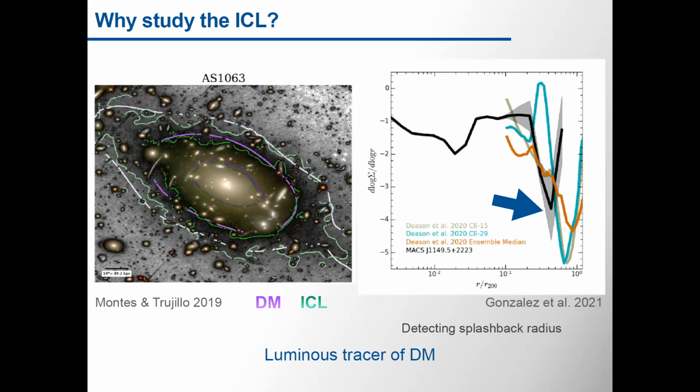Inside some radius you have a density of dark matter, galaxies, or intracluster light, and outside this radius you don't have that much density or mass. And when you do the gradient, you see this bump which signals the difference between what is your cluster and what is outside your cluster.